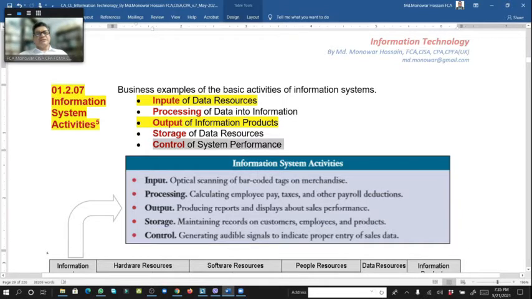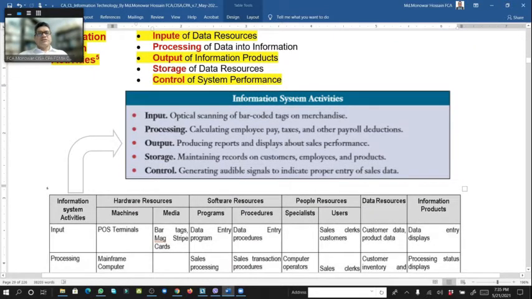So these are the information system activities. Look here, all are input, processing, output, storage, and control. For input, we have the optical scanner bar, that means how we can input it. Also in a computer or laptop, we are inputting through our keyboard, also touch screen, etc.